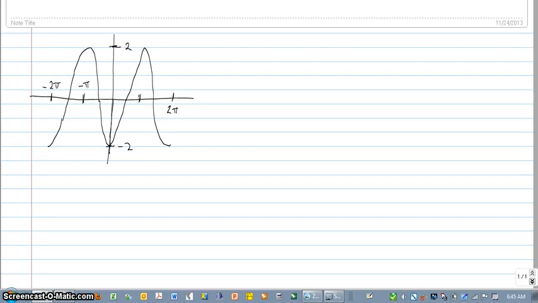Okay, so in this problem we're supposed to find the equation of the graph that's shown, and it looks to me like it's going to be easiest to write this as a cosine graph.